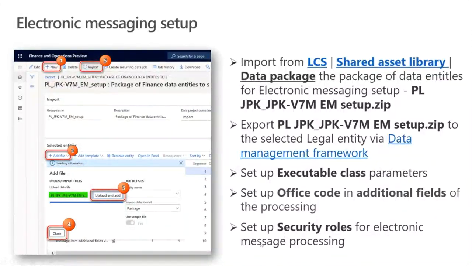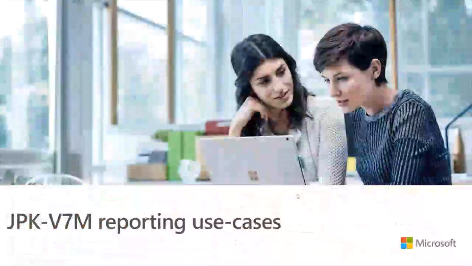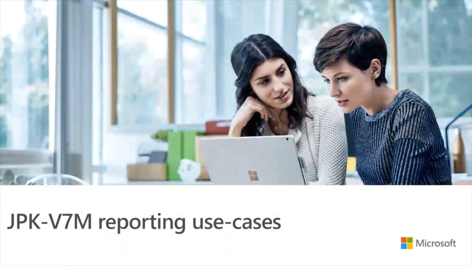All these steps are very important for your setup, and if you go properly step by step, all the steps actually are explained also in the KB articles, you will get your system ready for reporting of JPK V7M.